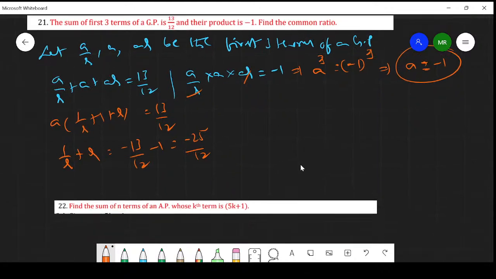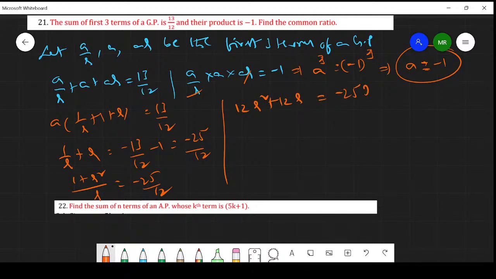Simplify this. Now you will get the simplification: (1 plus R square) by R is equal to minus 25 by 12. If I simplify, 12 into (1 plus R square) gives 12R square plus 12, equal to minus 25R.